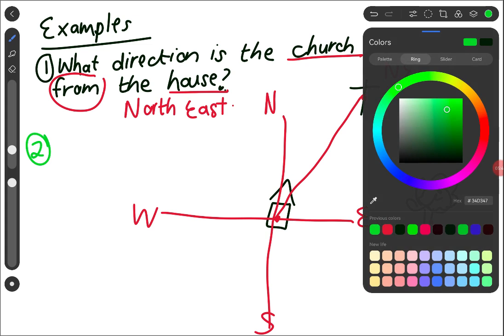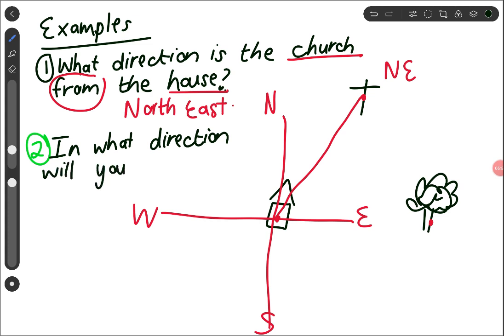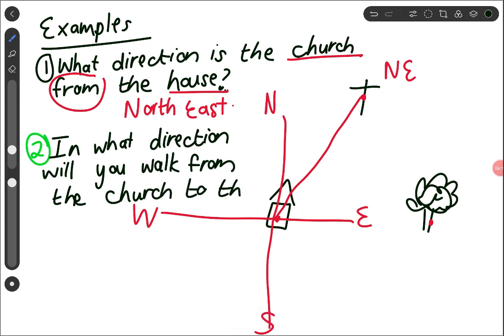Second example. In what direction will you walk from the church to the park?